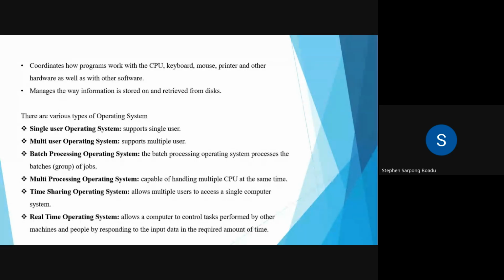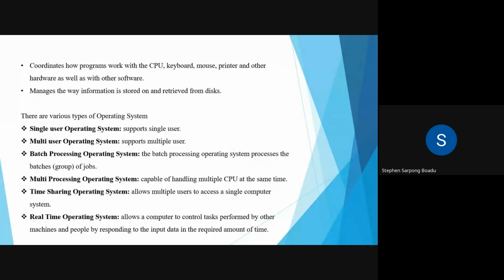Then we have the multi-processing operating system. It is capable of handling multiple CPUs at the same time. This operating system can have two or more processors simultaneously that perform tasks faster and more efficiently.